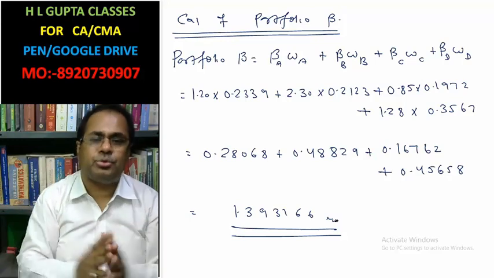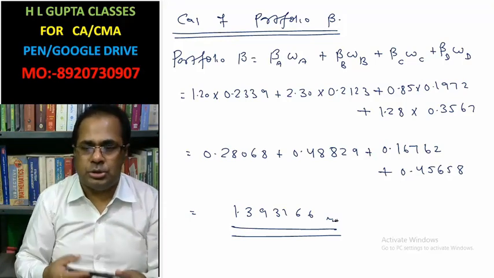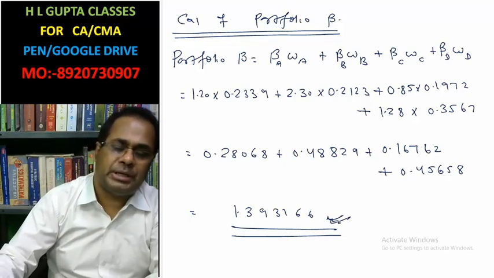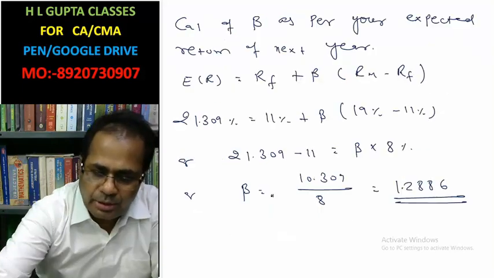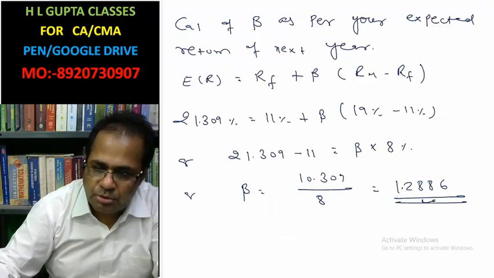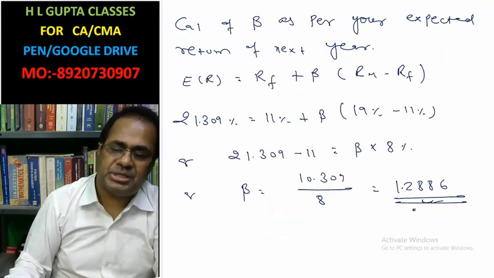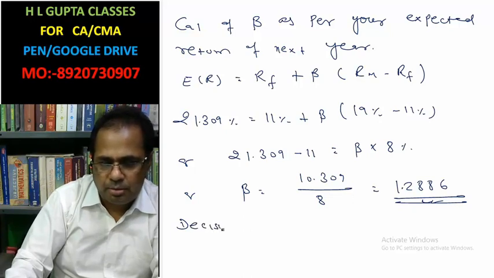You must change your portfolio. Why? Because on the basis of your risk taken this should be your beta, but on the basis of return your beta should be this. How will you write the decision?